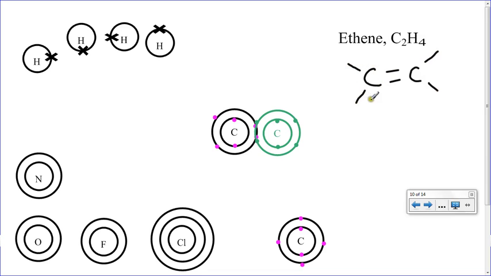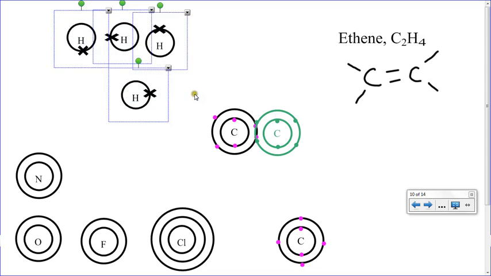And again, if we look at the rule, carbon group 4 forms 4 bonds, 1, 2, 3, 4. 1, 2, 3, 4. So let's have a look. Let's try and add on some hydrogens.